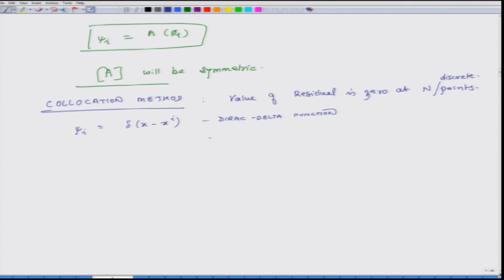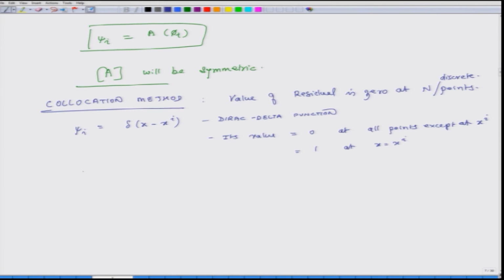And its value is equal to 0 at all points except at location xi. So, it is not x to the power of I, it is just a way to designate it, okay. And its value is 1 at x equal to xi.